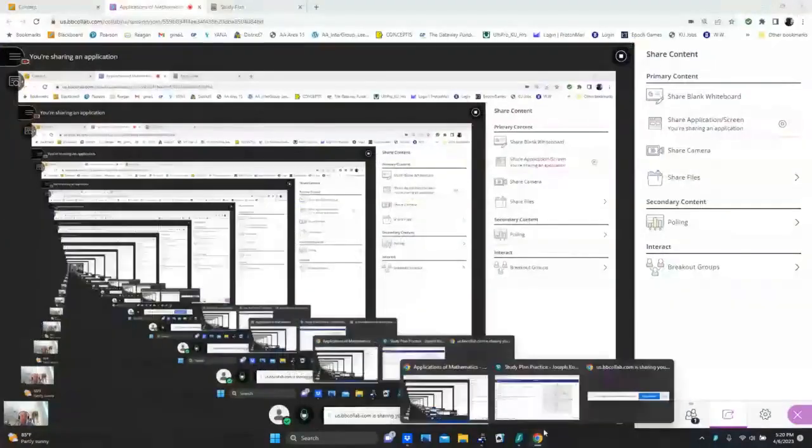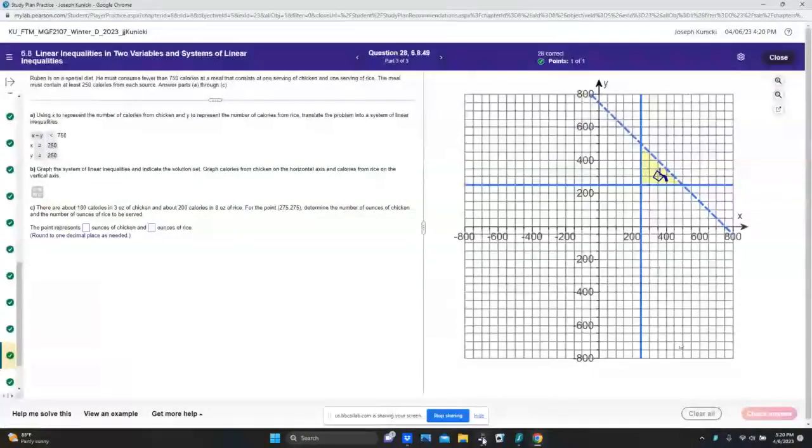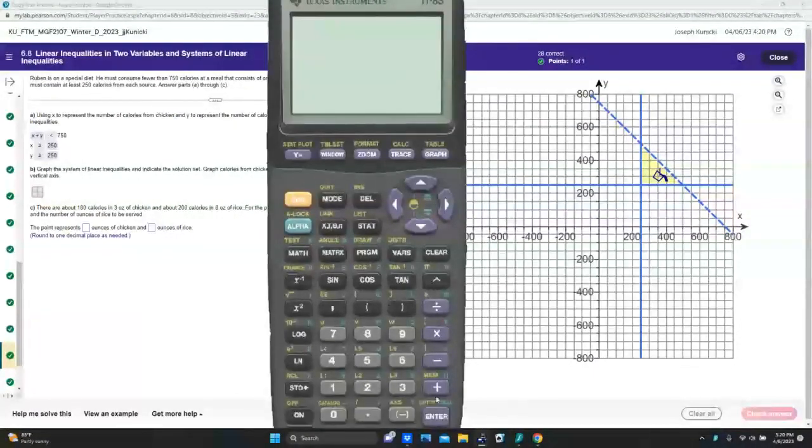So let me get the problem up, and then I'll get the calculator up. Okay, so we have 3 over 180 equals X divided by 275. So we multiply both sides by 275, and we get 275 times 3 over 180. And that'll be x. So let's do the other one.